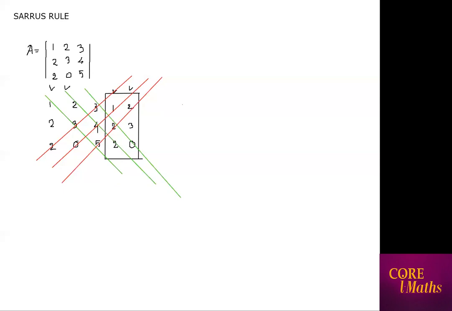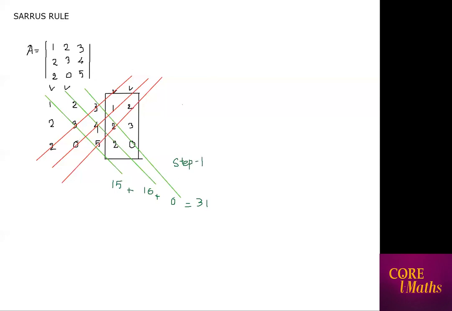Then in the second diagonal, the product is 2 into 4 into 2, that is 16. Then in the third diagonal, 2 into 3 into 0, that is 0. Now just add all these numbers. You will get the value 31. This is our step 1.